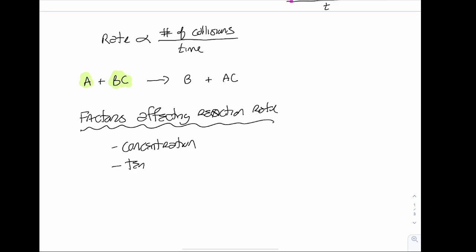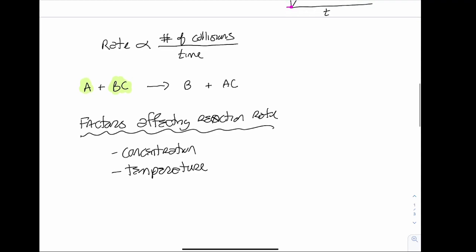temperature. Remember, temperature is a measure of average kinetic energy, right? Kinetic energy is the energy related to motion. So essentially we can think about it at higher temperatures, the particles are moving with more energy. I had said it a minute ago, when A here bangs into BC, it has to be sufficiently energetic. They have to have enough energy.